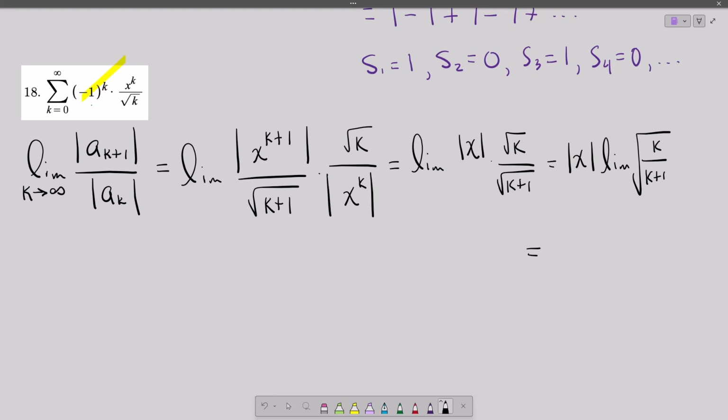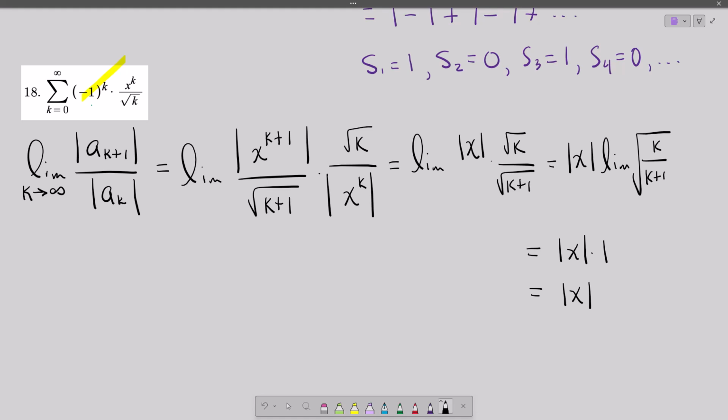We have infinity over infinity, so you can either analyze it by taking L'Hopital's rule, take the derivative and the derivative, or you can say, hey, those are polynomials with the same power. The limit is the quotient of leading coefficients, 1 over 1, which is 1. Lots of ways you can do it. Divide by the highest power of k, whatever it is. So we get this. Absolute x times 1, which of course is absolute x.